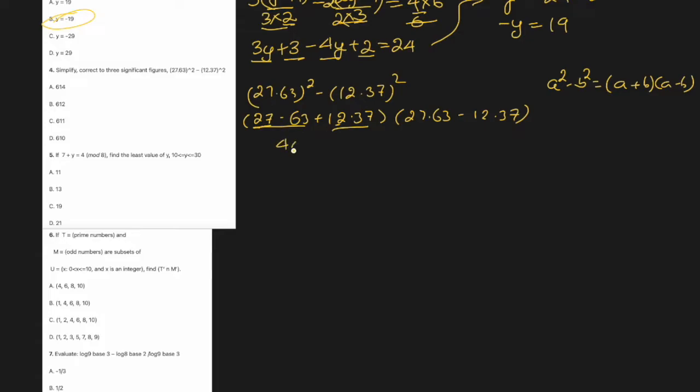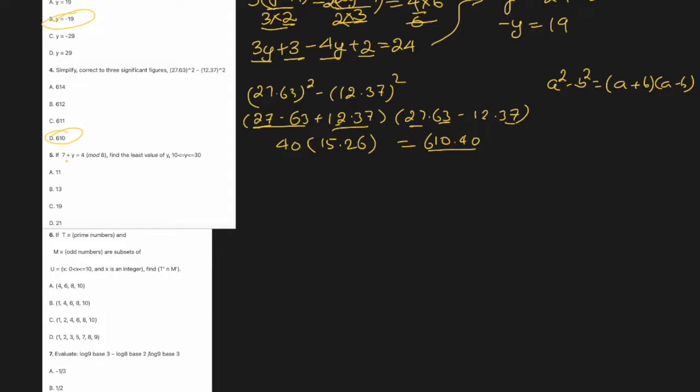So it will be 40 multiplied by 27.63 minus 12.37, which is 15.26. So 610.4016, which is 610 plus 0.4, and they're saying correct to 3 significant figures, so 610 will be correct to 3 significant figures.